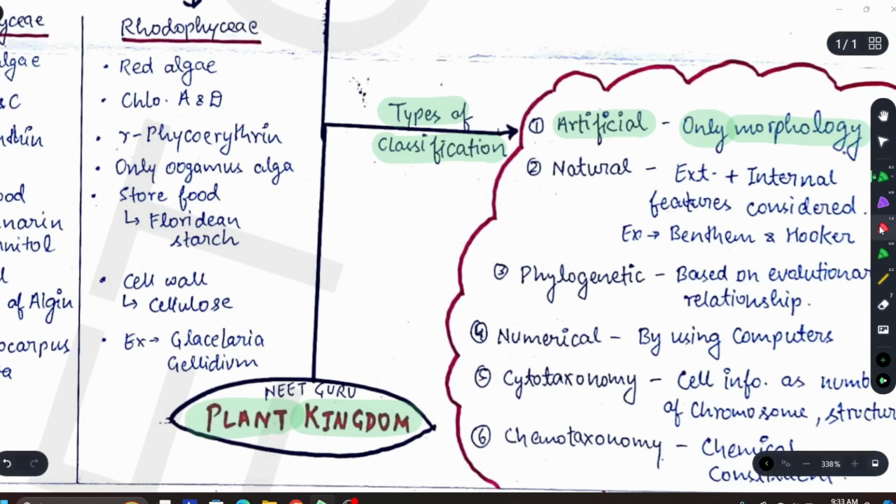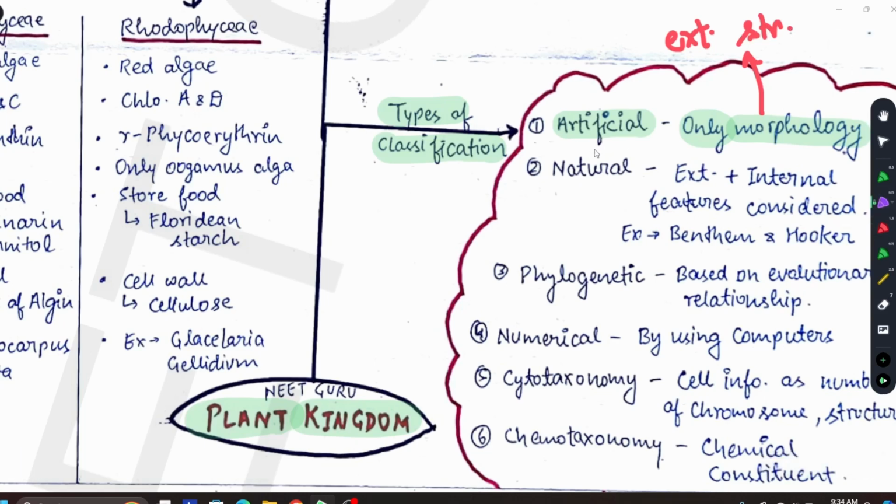External structures of an organism is called morphology. So this system fails, because when we do classification only based on external structure, it's very less criteria to do the classification, and it does not fit well.